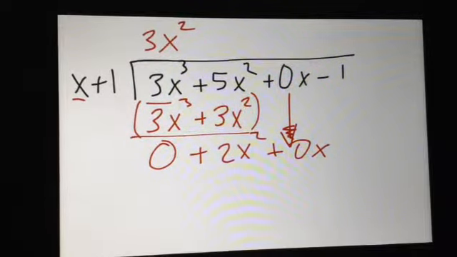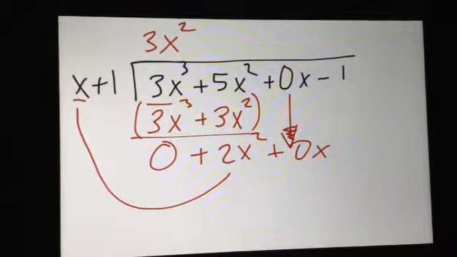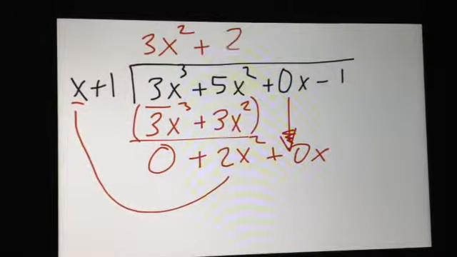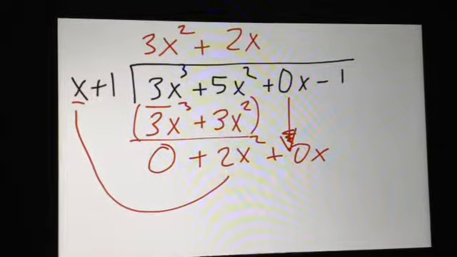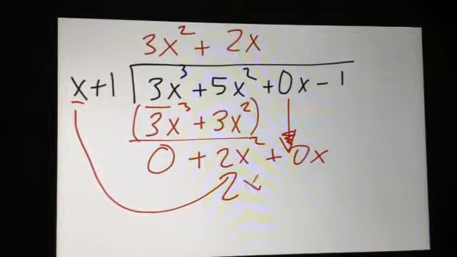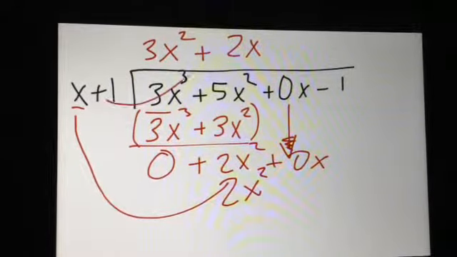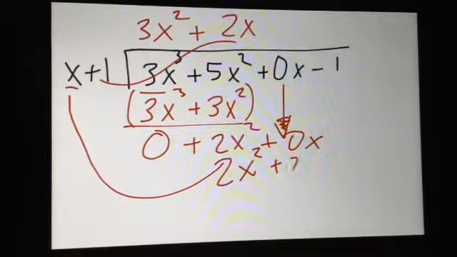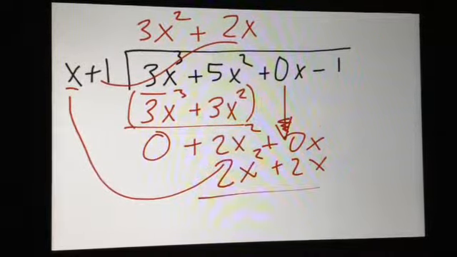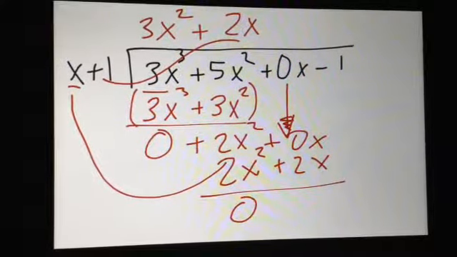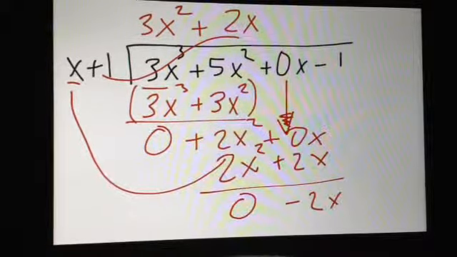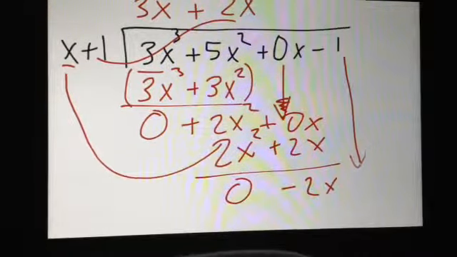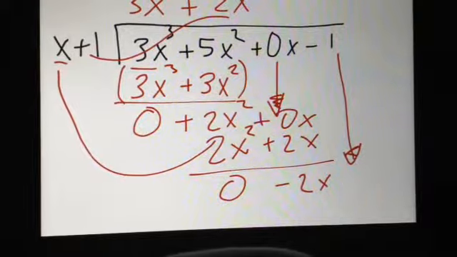Now, we do the same thing. So x goes into 2x squared, 2x times x is 2x squared, and then multiply back again, and so then we have plus 2x, and then we minus that quantity again, we get 0, and then this time we get negative 2x. Then we drop down the next term again, and we get minus 1.